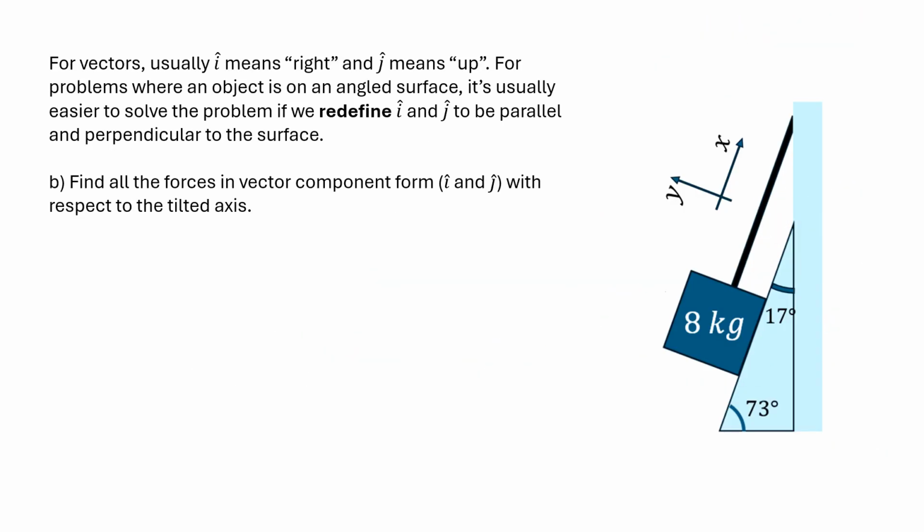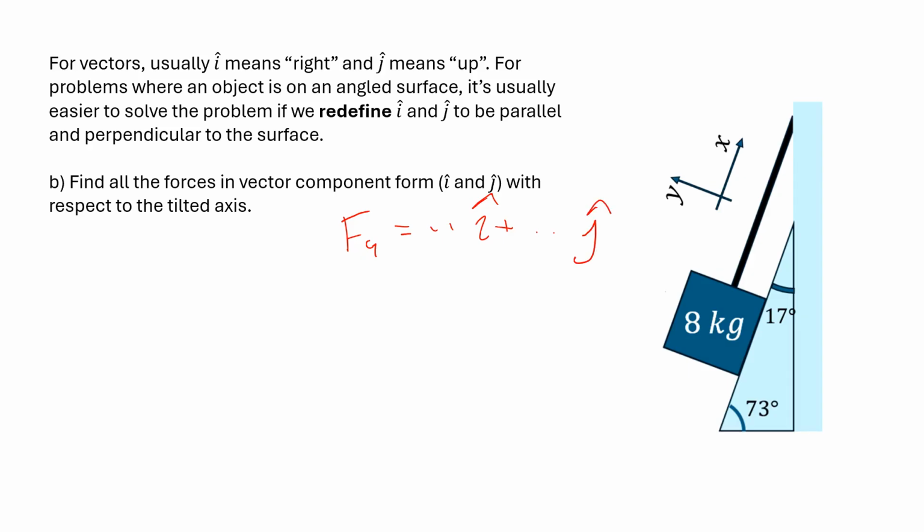So how are we going to proceed and actually find these in vector component form with i hats and j hats? I did give you the hint that i hat usually means right and j hat usually means up, but we are redefining those directions a little bit. We want our answers to look something like, the force of gravity is equal to something i hat plus or minus something j hat.